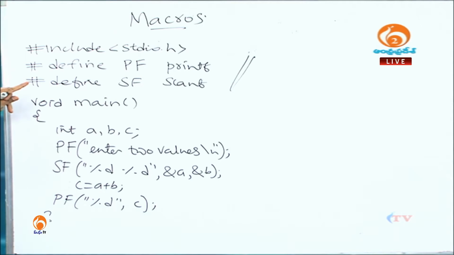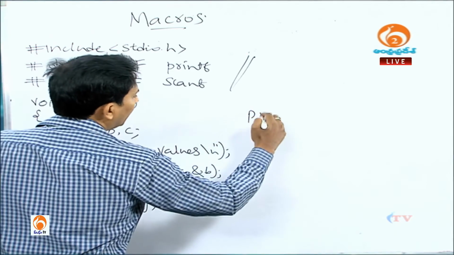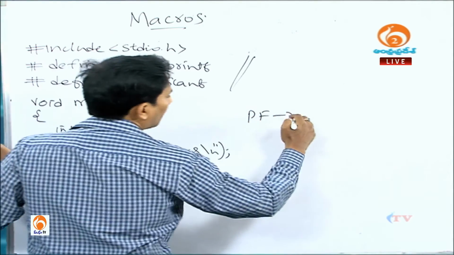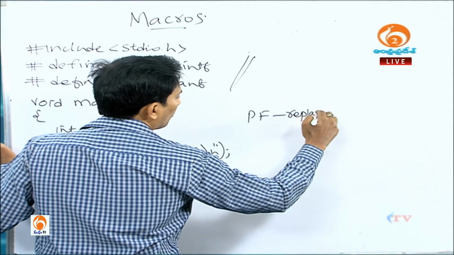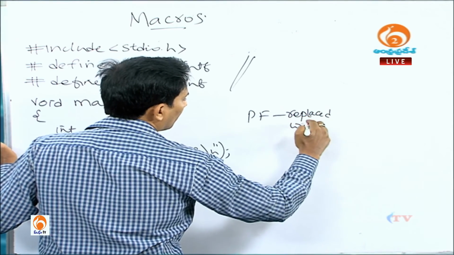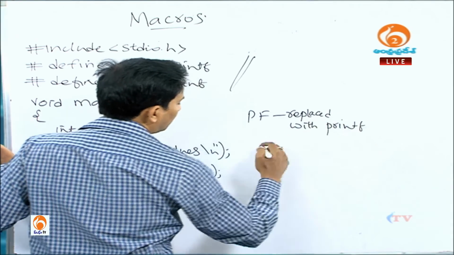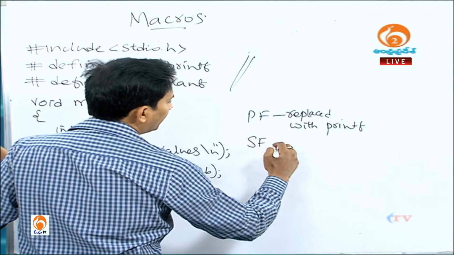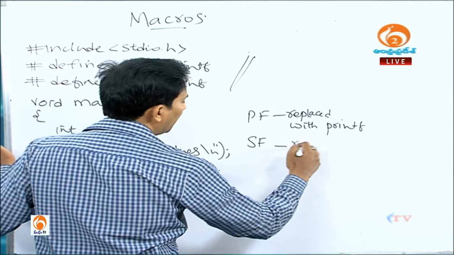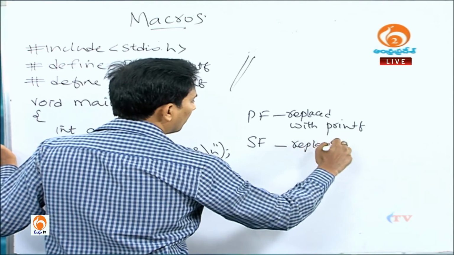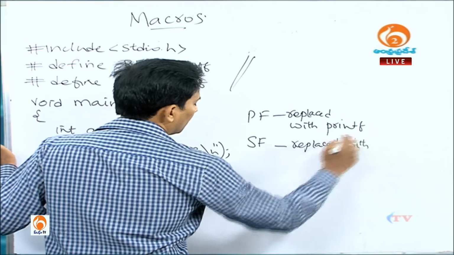If you are defining the macros, wherever the PF is there, it is replaced with printf. In the same fashion, wherever the SF is there, it is replaced with scanf.